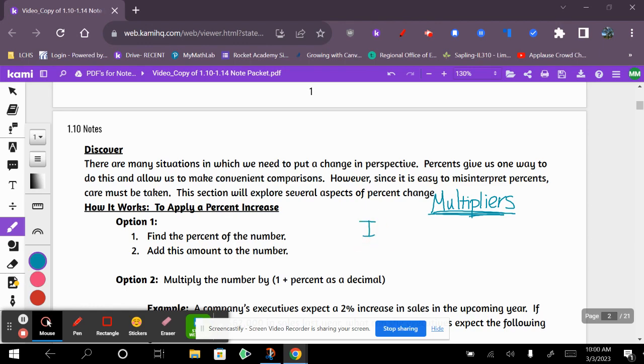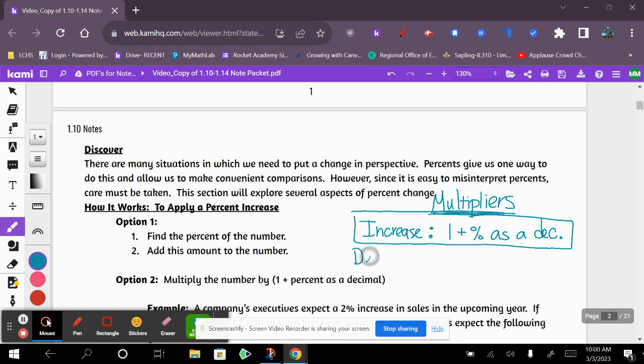For applying a percent increase, you are going to find the multiplier. You're going to do 1 plus the percent as a decimal. For a percent decrease, you are going to do 1 minus the percent as a decimal.